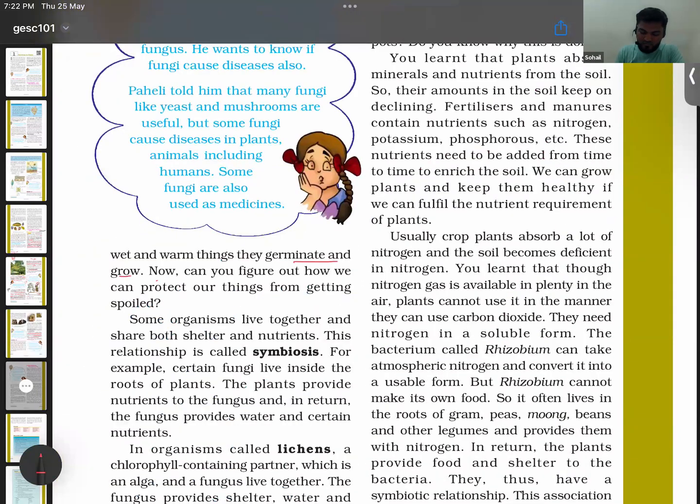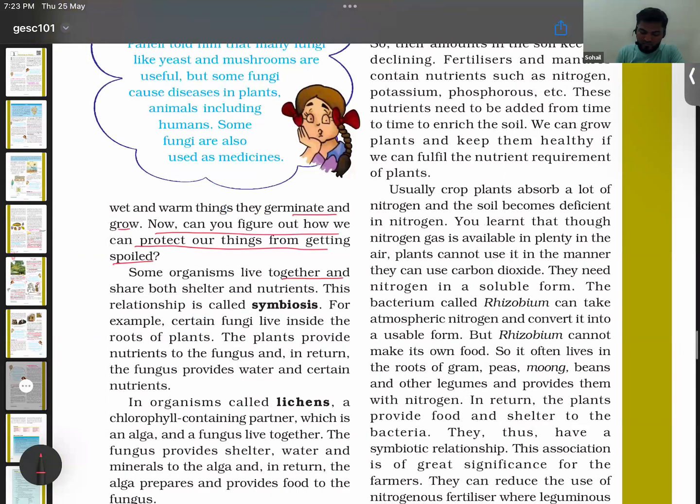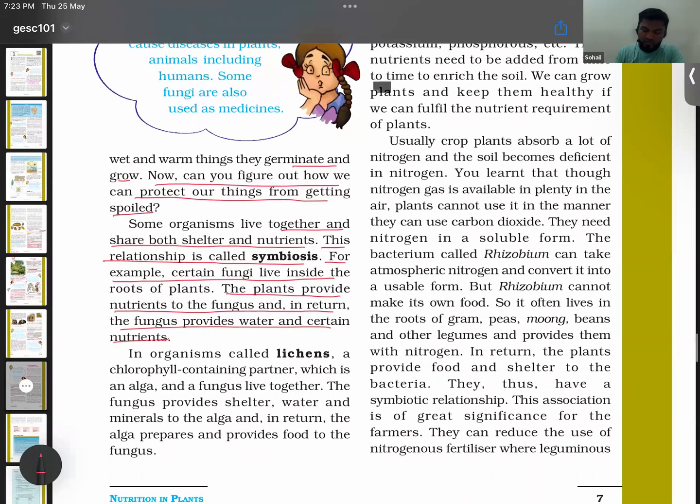Now, can you figure out how we can protect our things from getting spoiled? Some organisms live together and share both shelter and nutrients. This relationship is called symbiosis. For example, certain fungi live inside the root of plants. The plants provide nutrients to the fungus, and in return, the fungus provides water and certain nutrients.